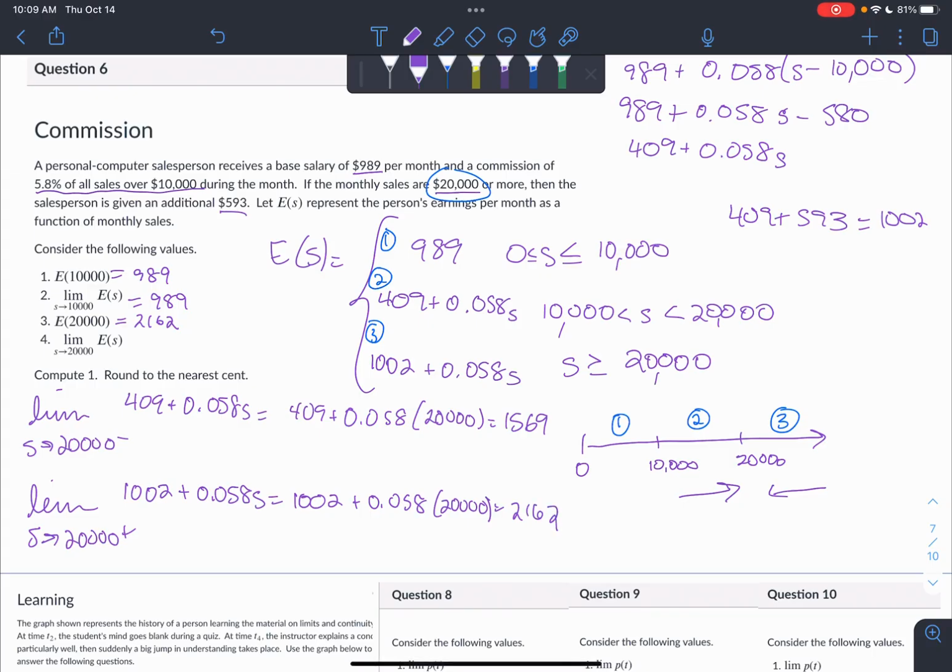The difference is actually this additional amount that they get once they go over 20,000 in sales. So that's why there's a little bit of differential. Because these two are not equal, our limit does not exist. And for the purpose of this quiz again, just put down 0 as your answer.